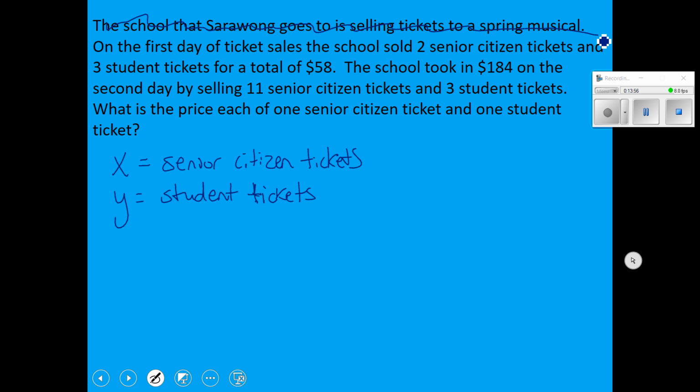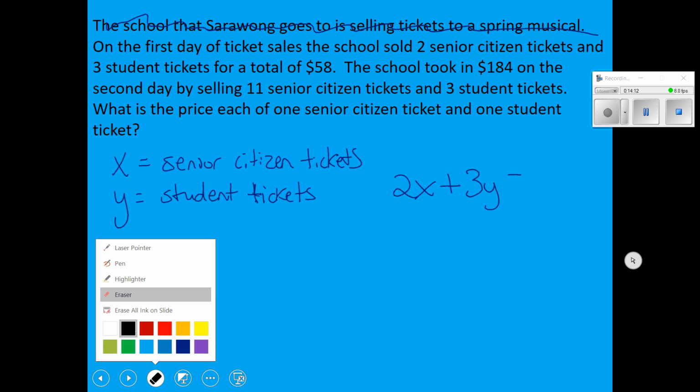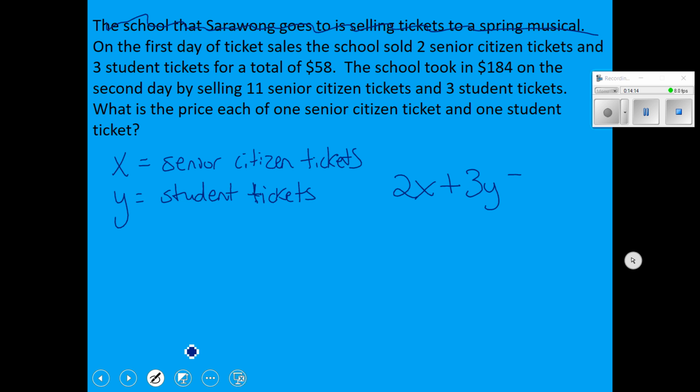2 senior citizen tickets would be 2x, because x is your senior citizens, plus 3y equals, altogether they took in $58. Okay?